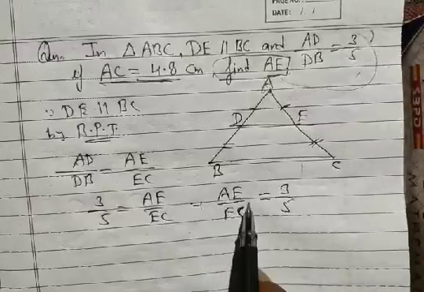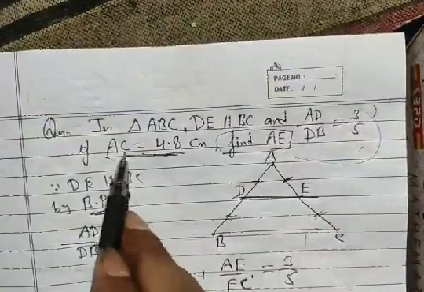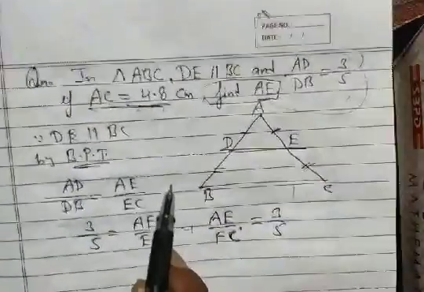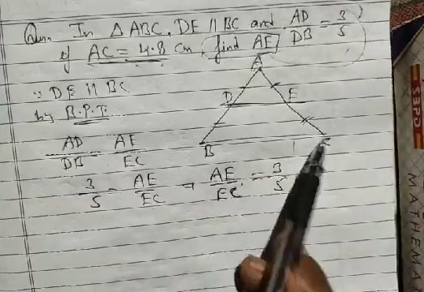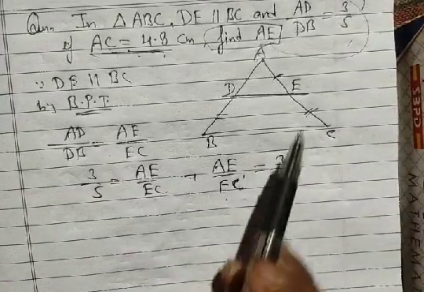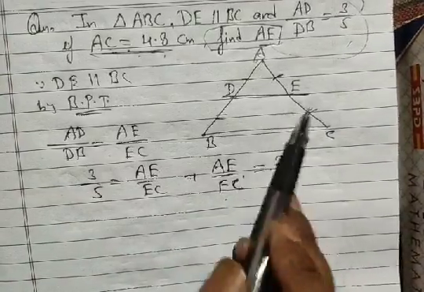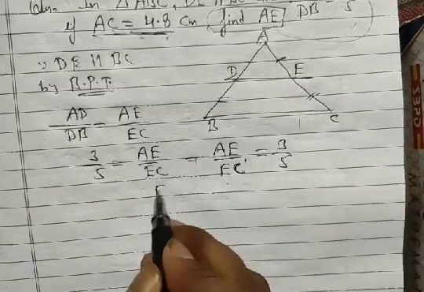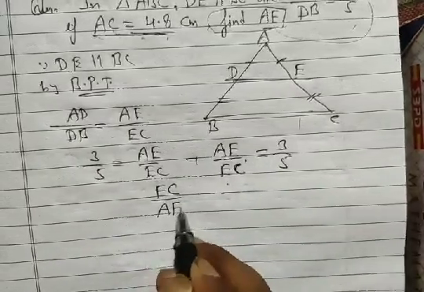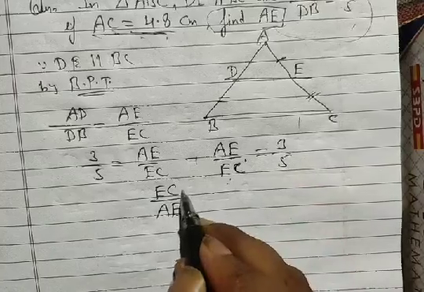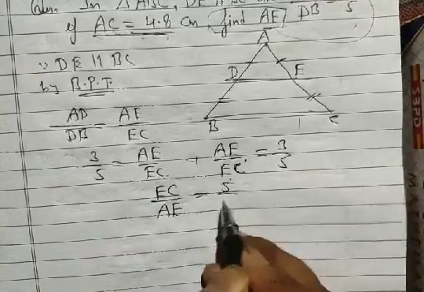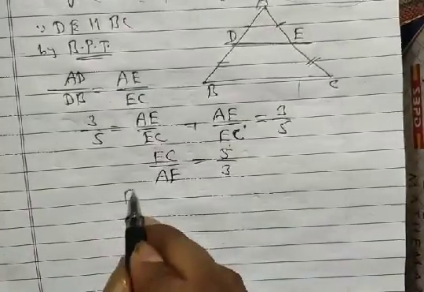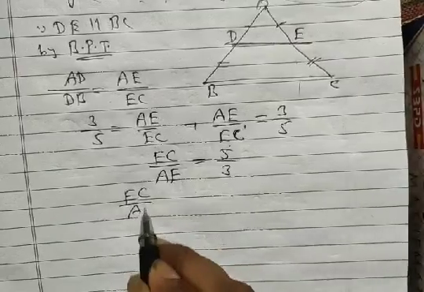Here we have EC, but we need AC. Then what do we do? We just reverse it. EC by AE. We have AE to EC as 3/5, then EC to AE is 5/3. Now we add 1 to both sides.